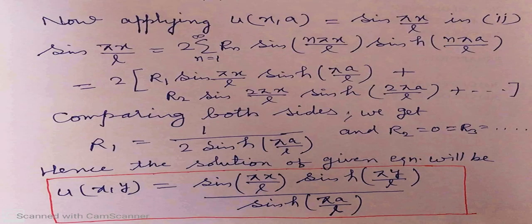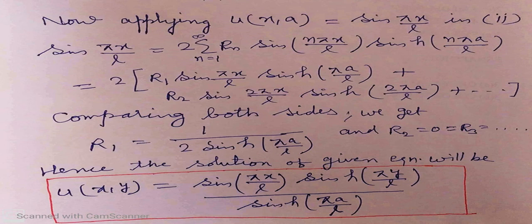Now we apply the second condition given, u(x, a) equal to sin(pi x upon l), in the second equation, and we will get sin(pi x upon l) equal to 2 times sigma rn sin(n pi x upon l) sinh(n pi a upon l).